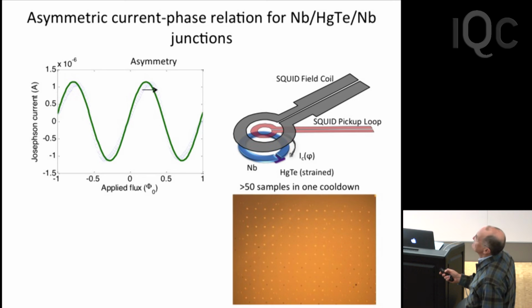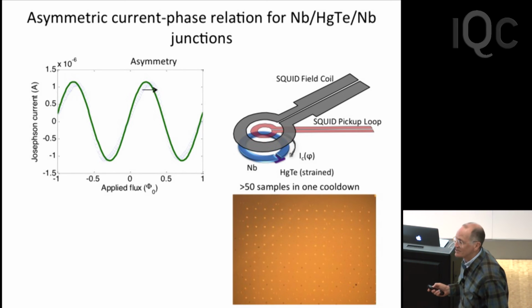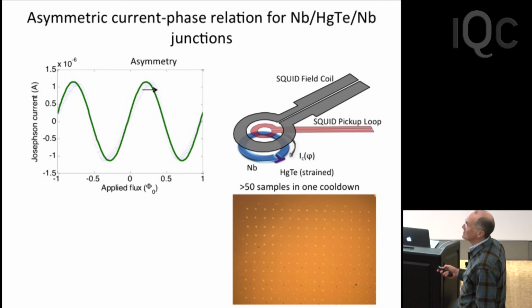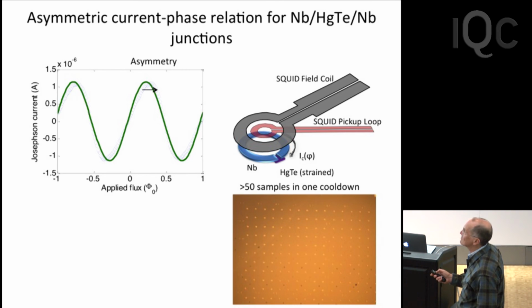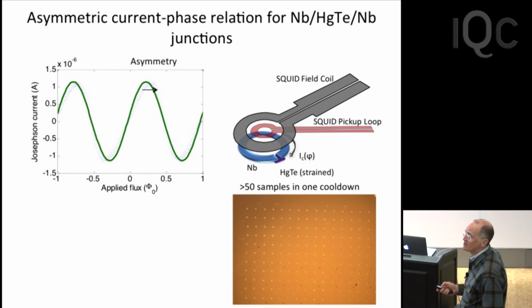The second set of experiments uses a two-dimensional mercury telluride topological insulator. So how this is grown, this is done by the Molenkamp group at Würzburg. And what they do is they grow mercury telluride on cadmium telluride.